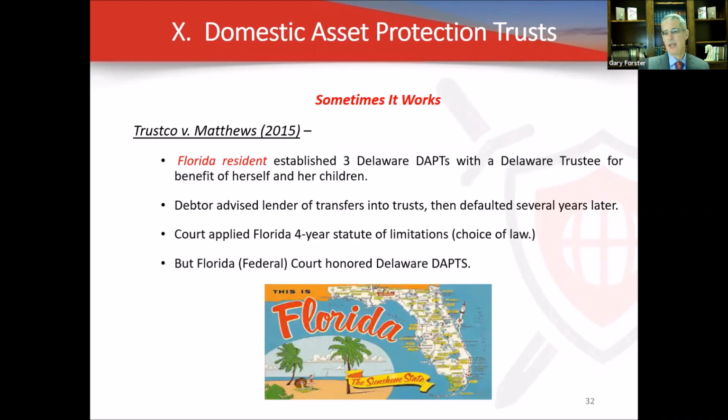Trustco was an interesting case. The upshot of Trustco, because we're going to run out of time: there was a legitimate construction litigation in Florida. They won. There was an asset protection trust. And again, if you're with the plaintiff, you want to stay in Florida, because this asset protection trust was formed in Delaware.